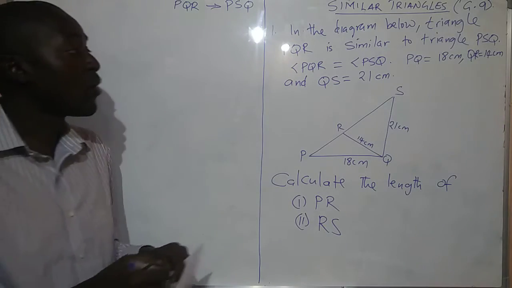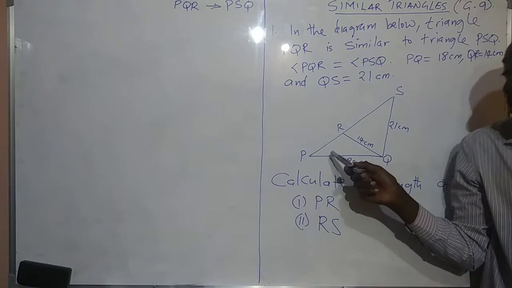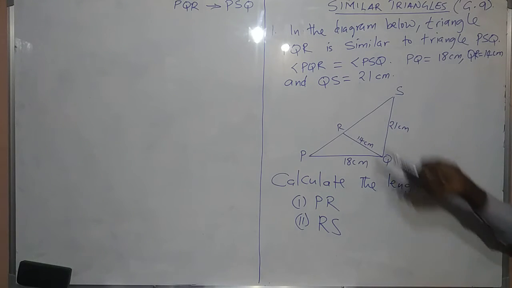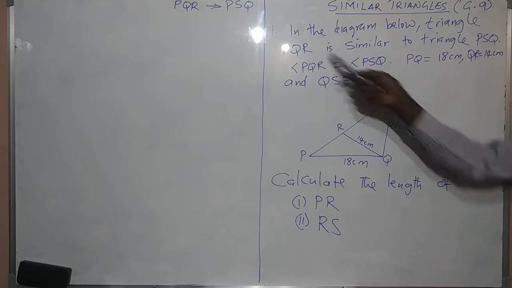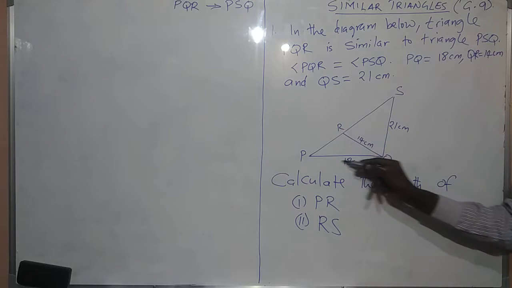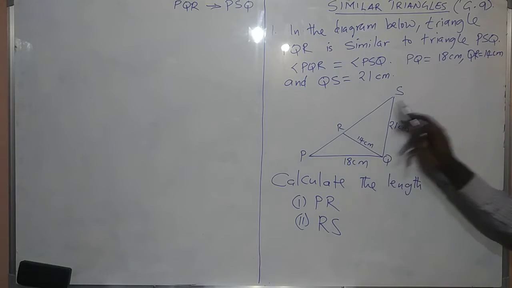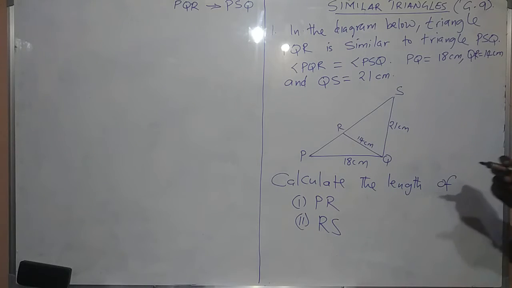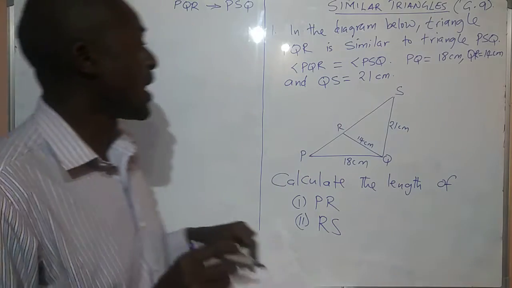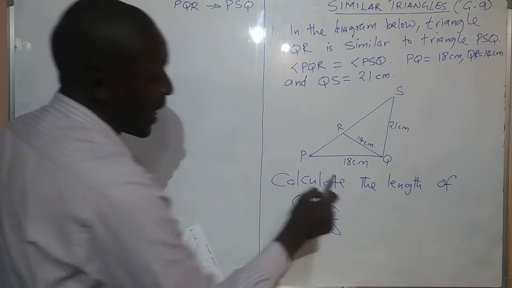When we look at our diagram, we have two similar triangles: PQR, the small triangle down here, and also PSQ, the big triangle. So the first question says, now calculate the length of PR.